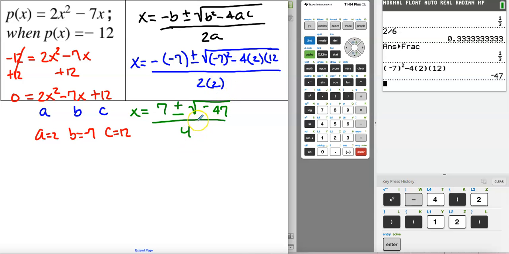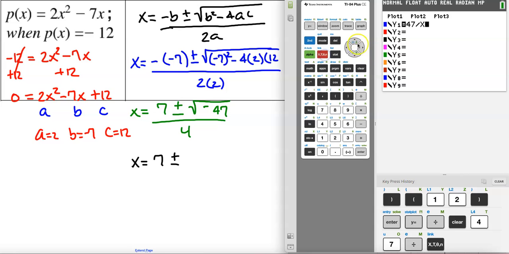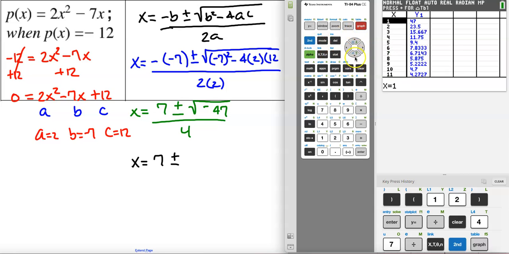And so now let me get another color. I'm going to rewrite this because I'm going to try to simplify the square root of 47. But the only thing I can pull out of that, because it doesn't really factor, is that 47 is a prime number. So you can go to y equals and put 47 divided by x, and then you can see if you can find factors.